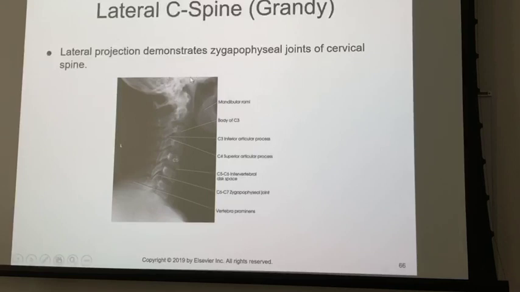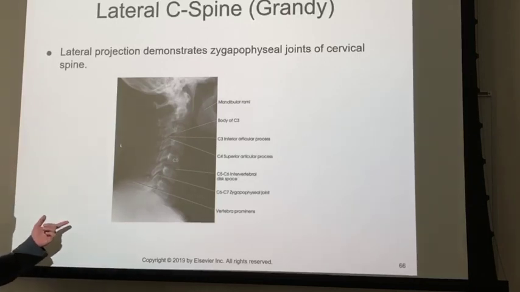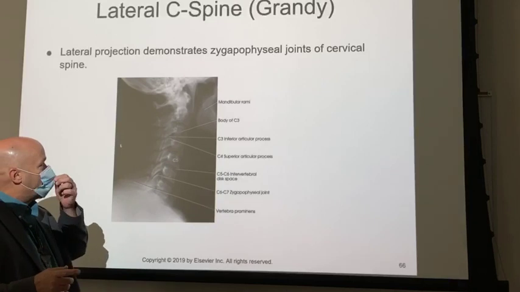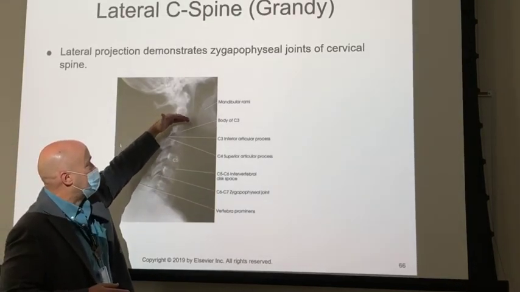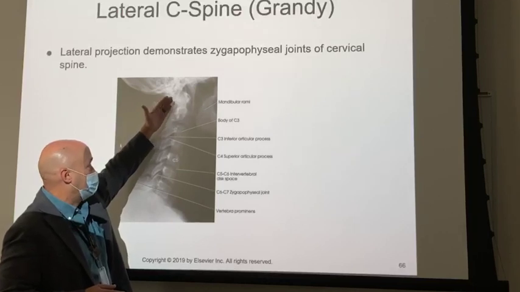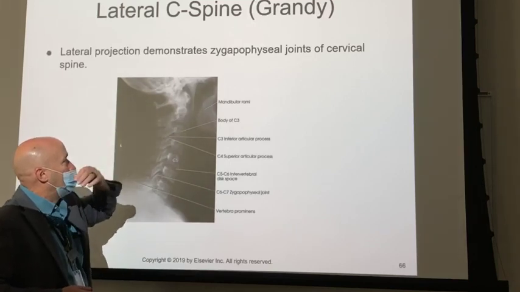Where that AP wasn't too bad, this should definitely not have made it into the textbook. All right, so what we're going to be looking for on C-spine fractures: we talked about the Jefferson, we talked about the odontoid, and we talked about that transverse ligament rupture. But a very common fracture is a hangman's fracture. A hangman's fracture is a posterior arch fracture with a subluxation of C2 over C3.